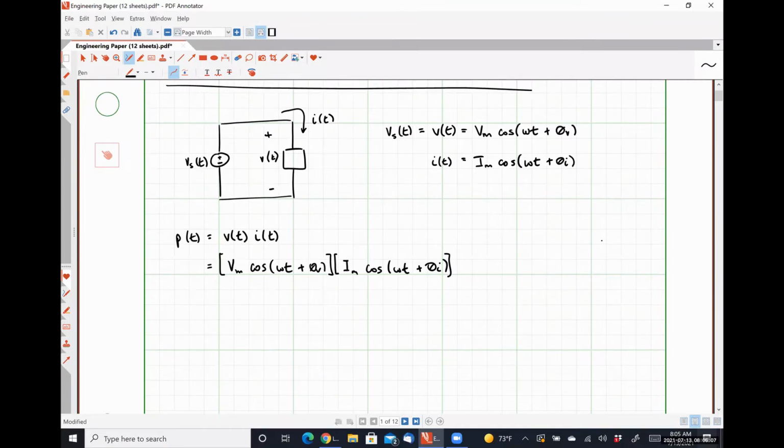And that would be Vm Im cosine omega t plus theta v times cosine omega t plus theta I. So what happens when we multiply 2 cosines together?